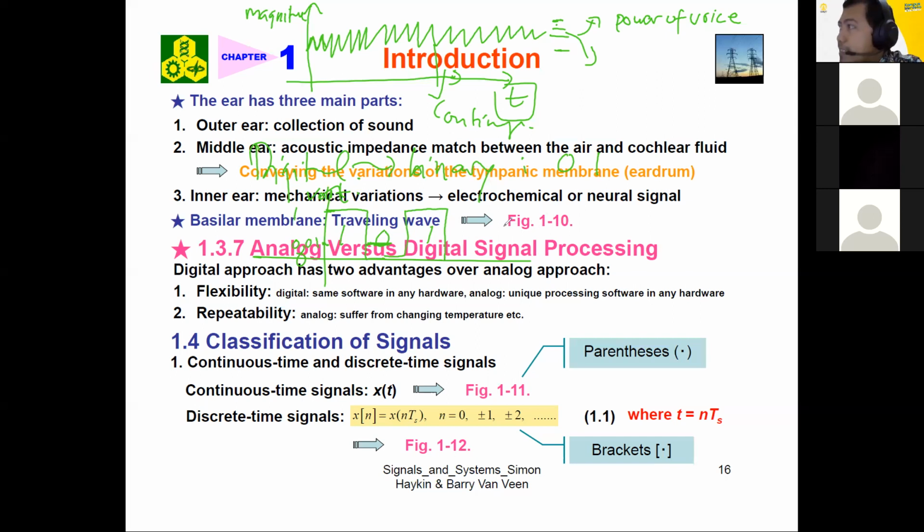For example, we want to amplify 10 times. So the signal 1 volt times 10 becomes 10 volt. And then this 0.01 times 10 becomes 1. So it is easier to manipulate compared to this one.